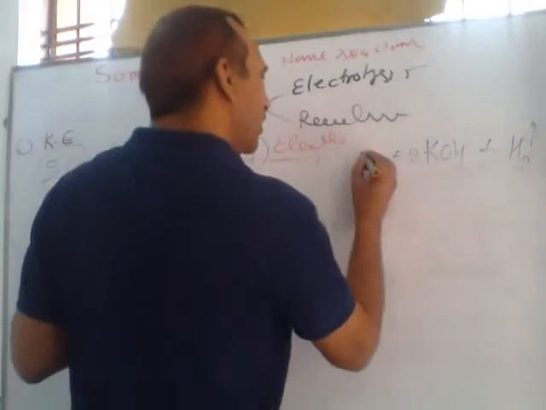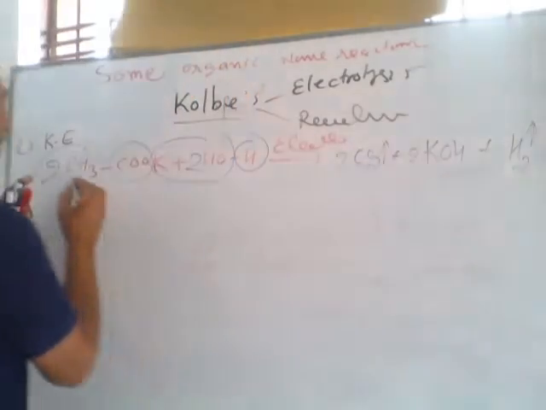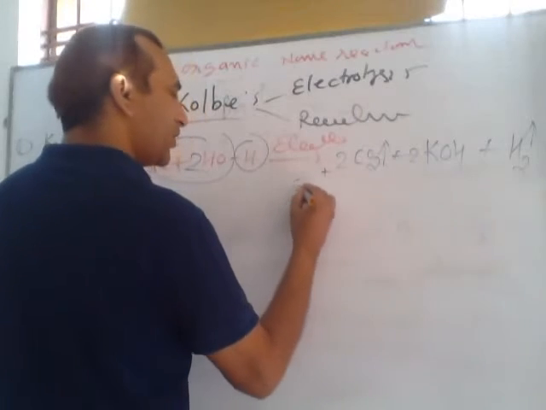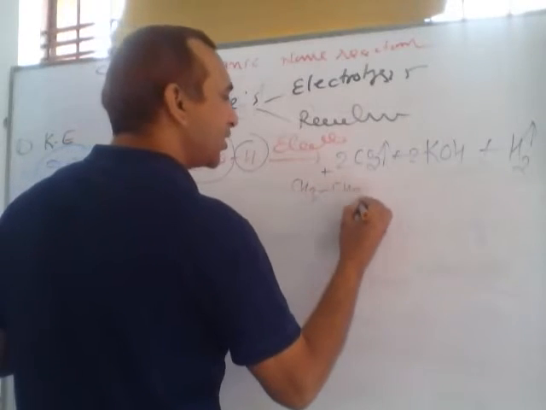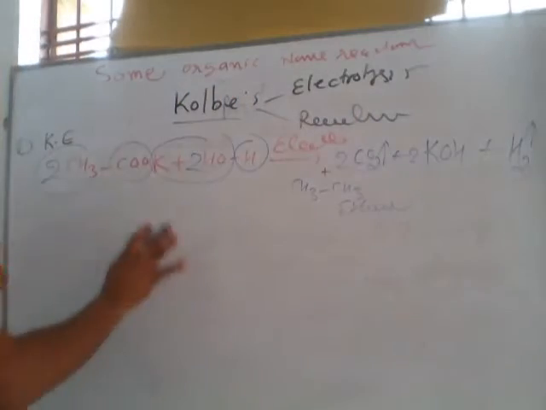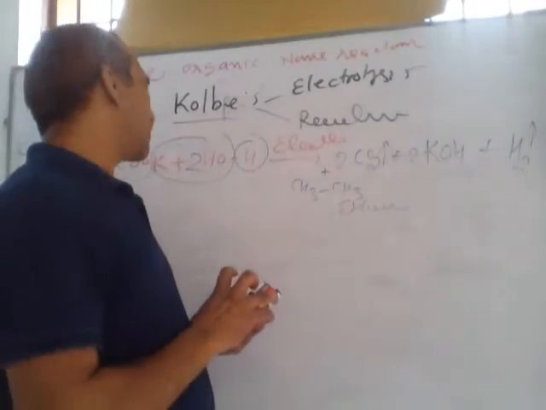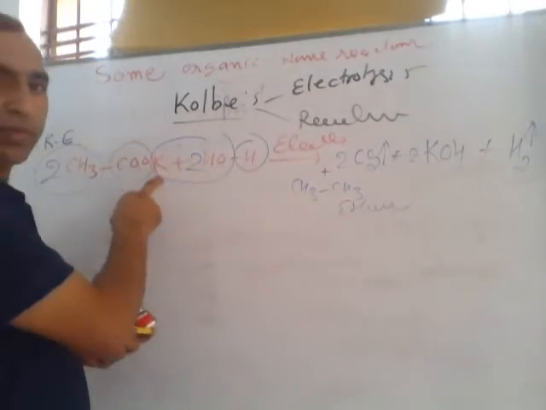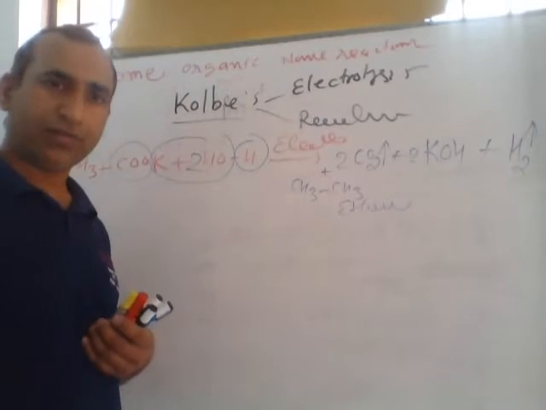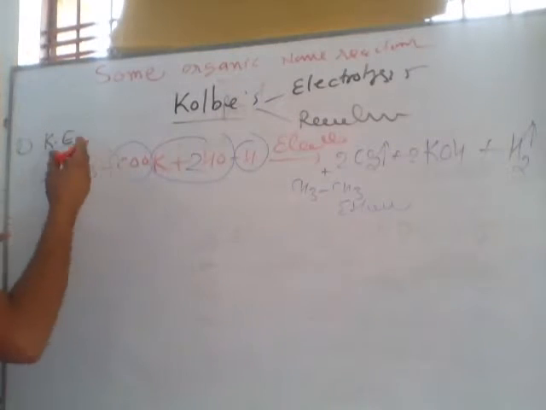This is the meaning of CO2, also 2, and CH3 connected to CH3, and this compound is called ethane. So in Kolbe electrolysis, by passing current in an aqueous solution of the sodium or potassium salt of a carboxylic acid, alkanes are formed. So we can prepare alkane by the Kolbe method.